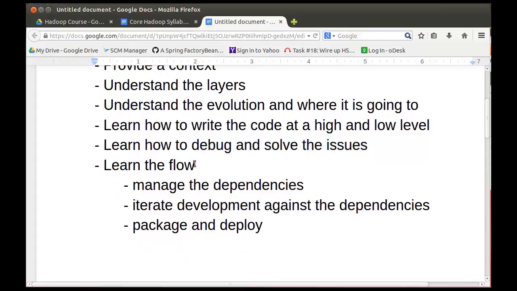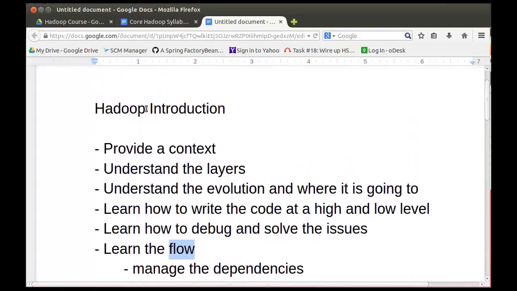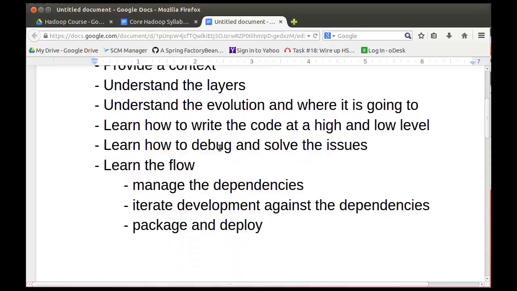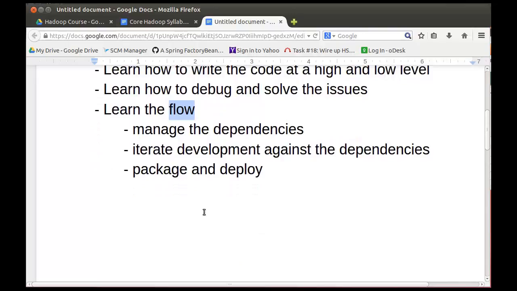And in doing that, we encompass a flow. We finally learn this flow. When we are working with Hadoop, we are working with a complex system, but we can manage that complex system in terms of a flow, and that flow follows the following pattern. For any Hadoop component, whether it be a MapReduce job or some higher level job with one of the ecosystem components of Hadoop, we will always have dependencies.